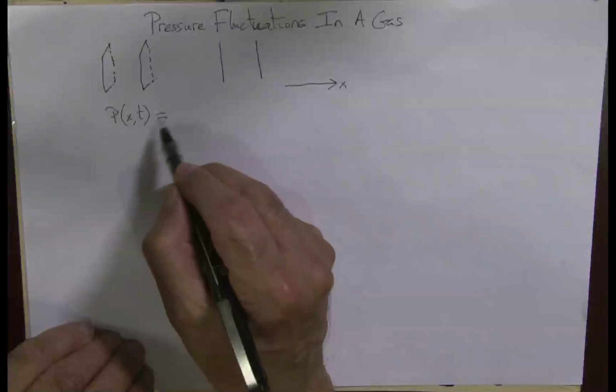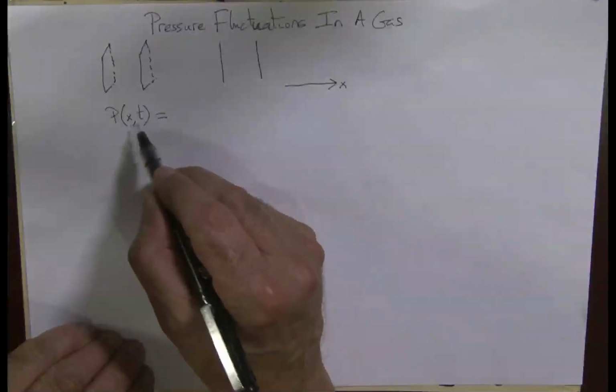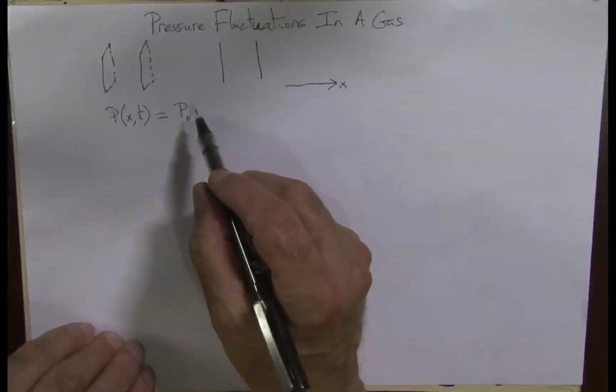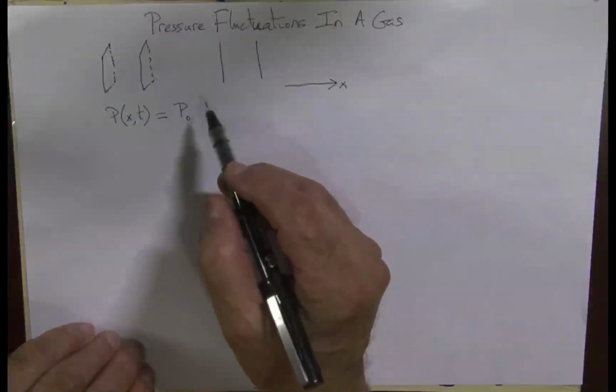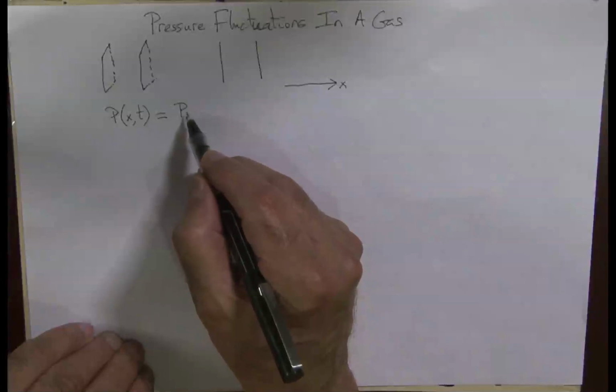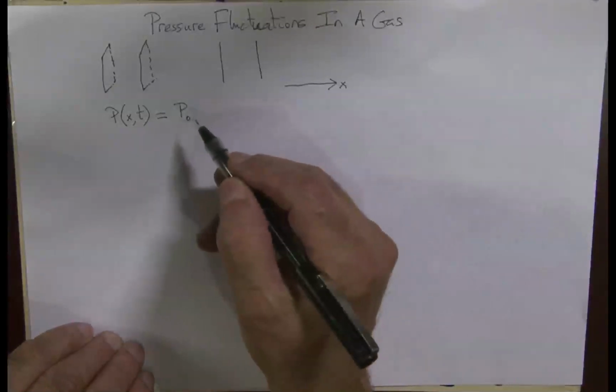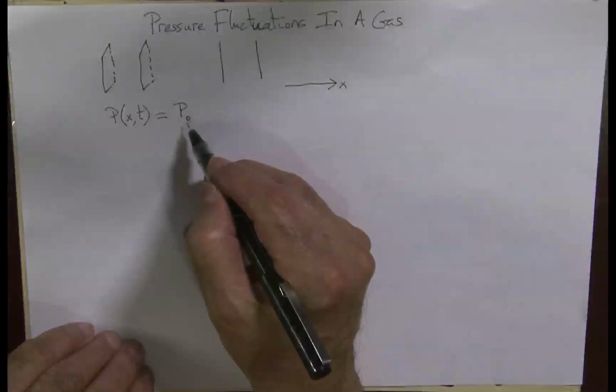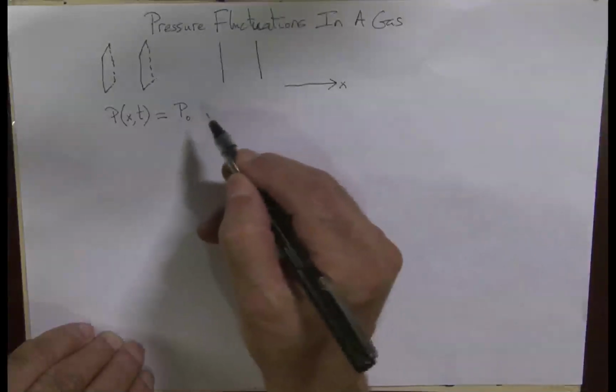Now the pressure at any position at any time is the average pressure. So suppose there was no sound. If there was no sound, then this would be just a constant, just the normal atmospheric pressure P0, which doesn't depend upon where you are and at what time.